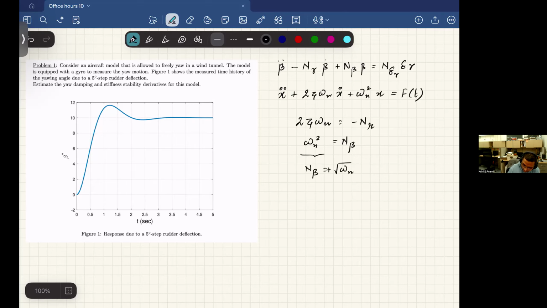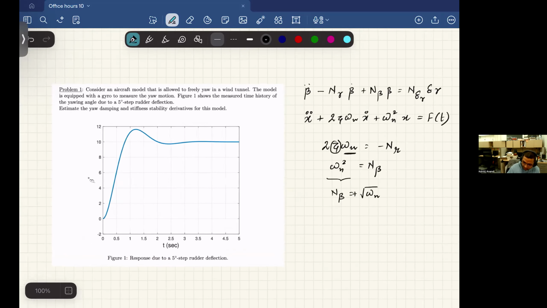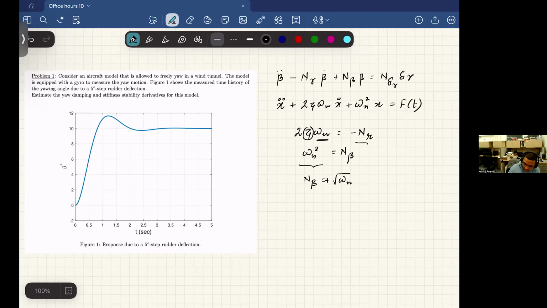And secondly, we know that frequency has to be positive and the damping ratio has to be positive, which means that n_r needs to be negative. So if I'm getting an answer where n_r is negative and n_beta is positive, then at least that answer makes physical sense. If accidentally you get n_r positive or n_beta negative, you can stop, go back through your calculations and see whether you have made a mistake somewhere.